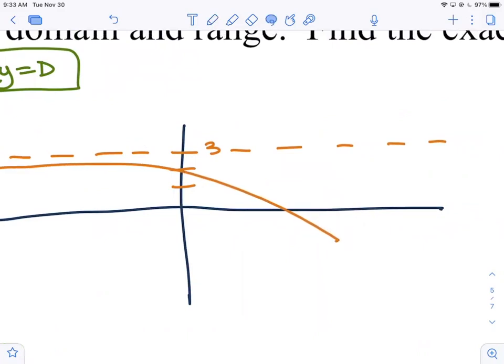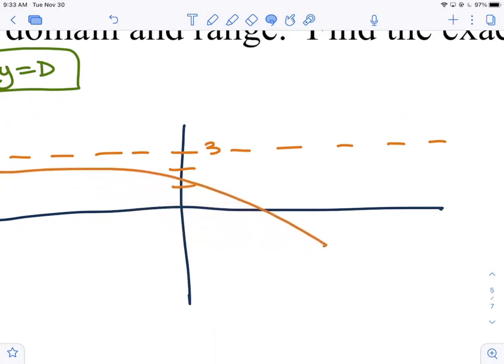Look at my y-intercept. Right now it's at 2. If I started drawing it over here, I have a y-intercept that's negative. If I move it to the right, I have a y-intercept that's 0. If I move it to the right, I have a positive y-intercept. So because of the horizontal shift, I could end up with a y-intercept that's either negative, 0, or positive.